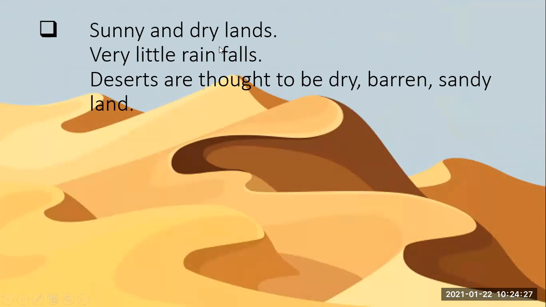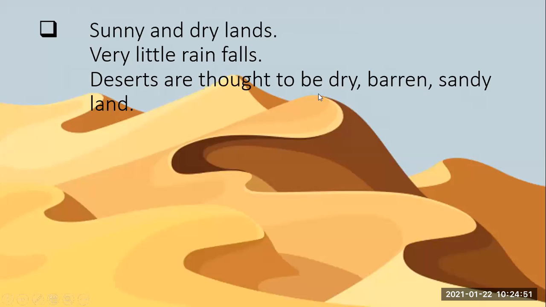Dry means there is no water or there is a little water. Okay, point number 2, very little rain falls. It means if we see the intensity or the amount of rainfall, that is really reduced or very little.